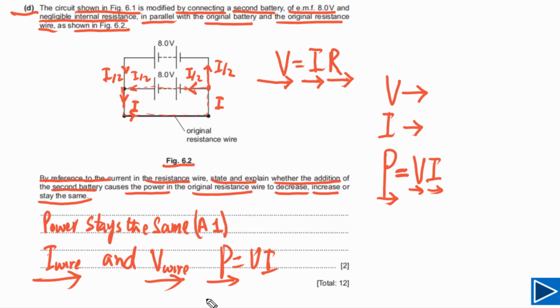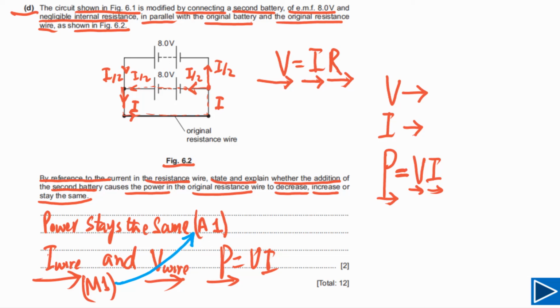This is the answer mark. The second mark is the M mark, meaning if you have written I is the same and V is the same. You must get the M mark to get the A mark. If you couldn't get the M mark, you will also lose the A mark, because first you need to get the M mark and then you can get the A mark. So this is a must mark. First you need to get this one and then you can get the A mark.